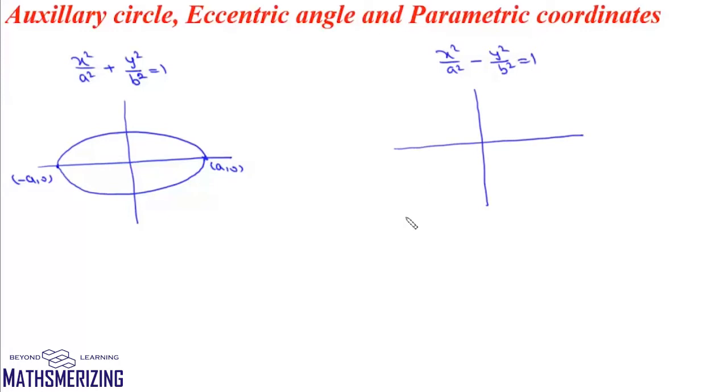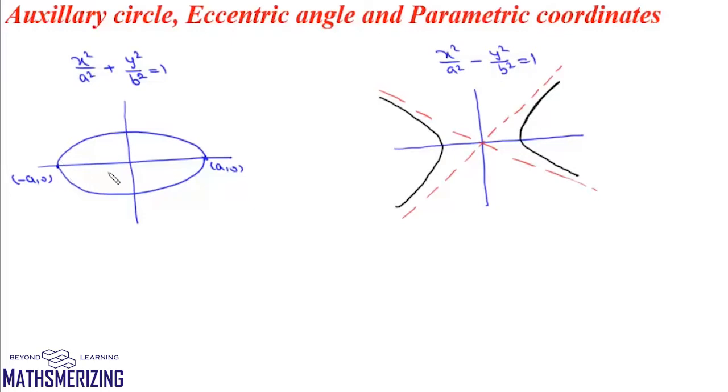Now for the hyperbola, we'll need to draw these two lines, which we call asymptotes, which we'll study in videos to come. And then we draw two branches of the hyperbola. So now we have an ellipse and a hyperbola.